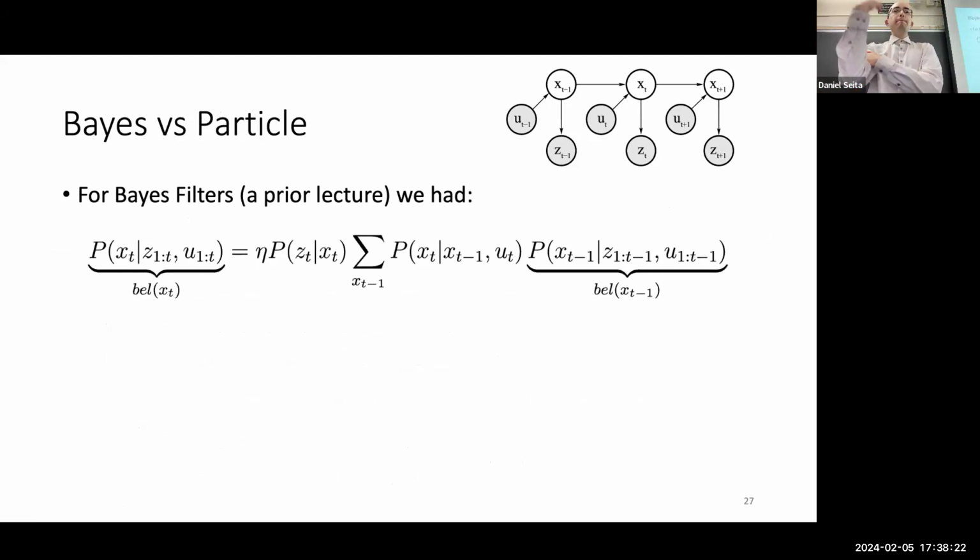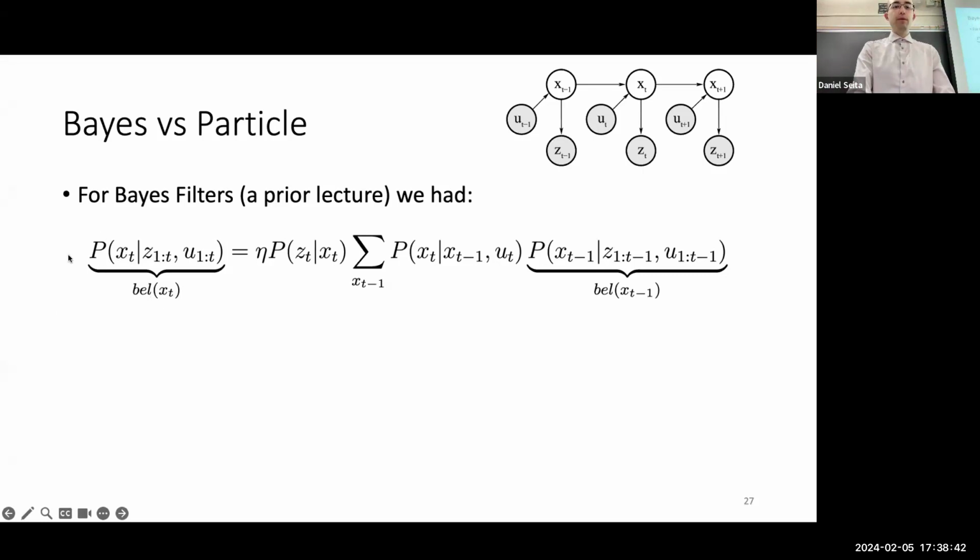So for the Bayes filter, we had this recursive formula, and that's also the formula used in the Bayes filter itself, where you have the sum, or integral if you're in continuous land.